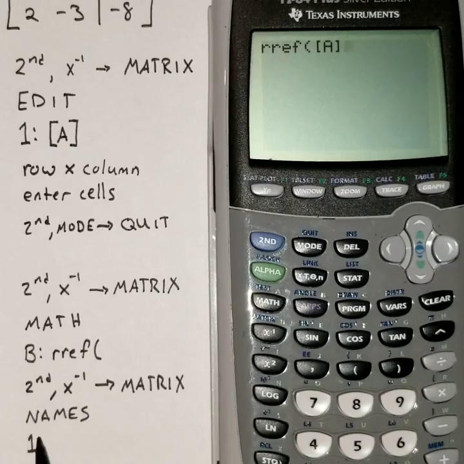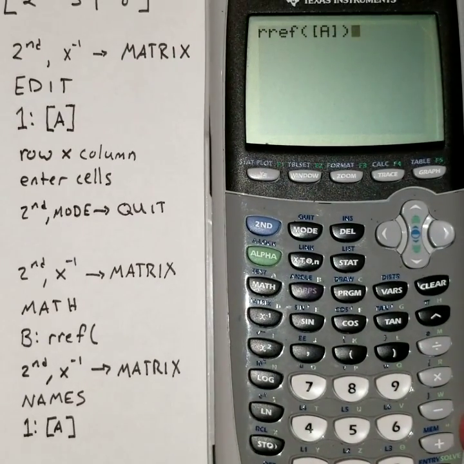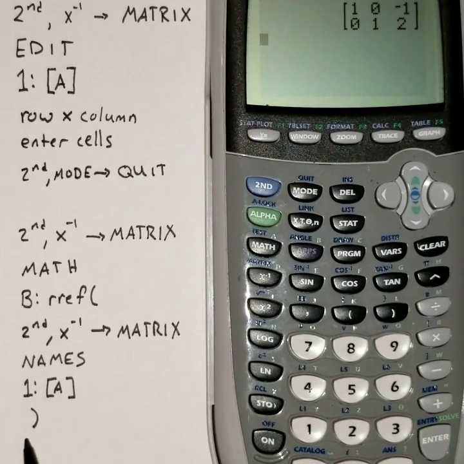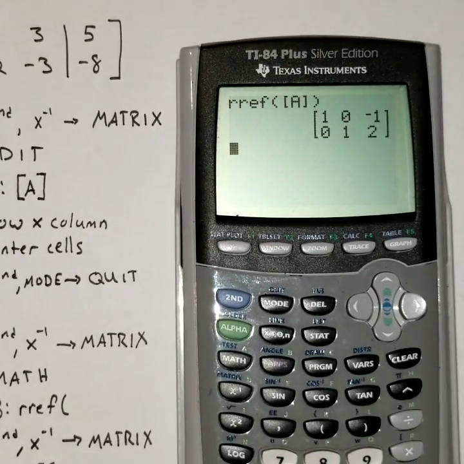So we want 1, which was A again. And then you're just going to close your parenthesis and hit enter, and you will have a matrix which is in the reduced form.